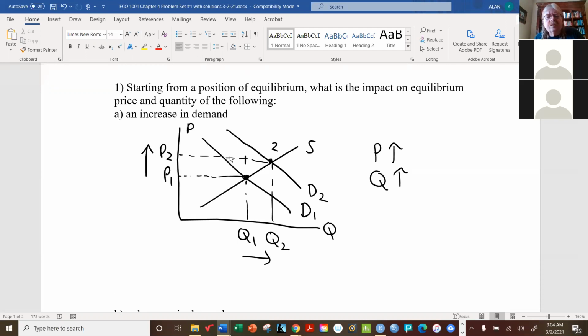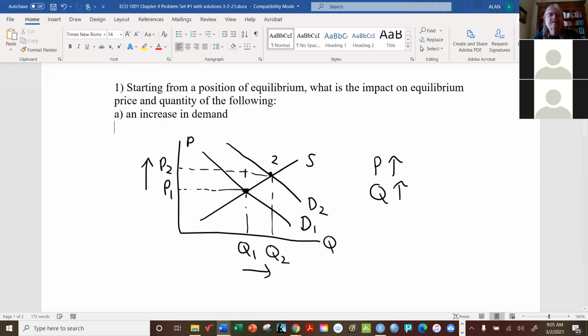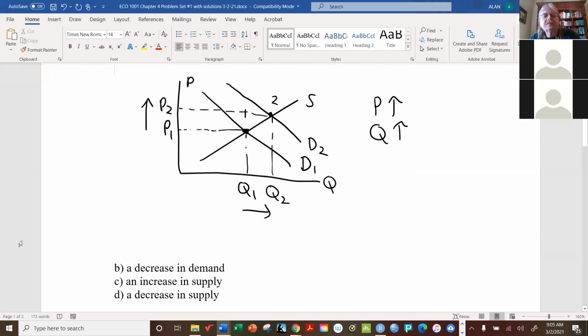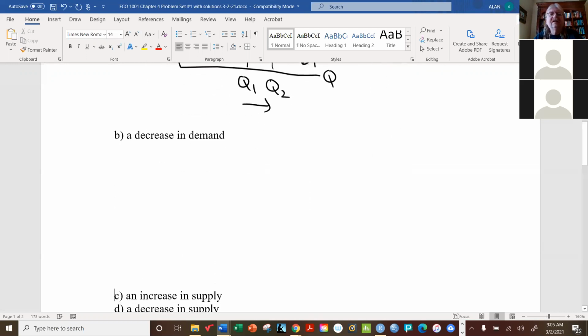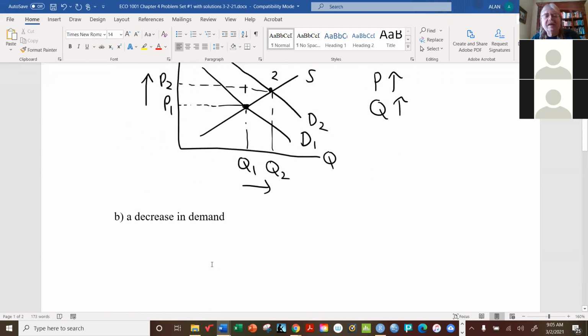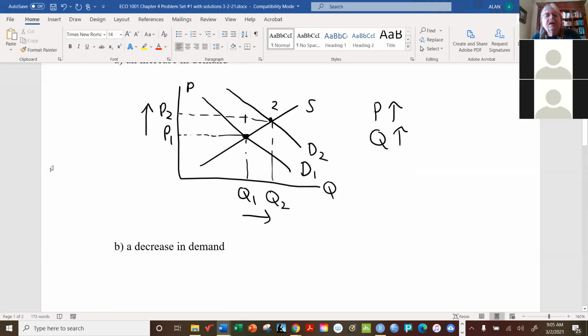In other words, the sellers will make more of this product that the people clearly want, but only at a higher price. If you want more, you have to pay for it. It's like anything else in life. You can have whatever you want as long as you're willing to pay for it. And the more you want of it, the more you have to pay. It's just that simple.